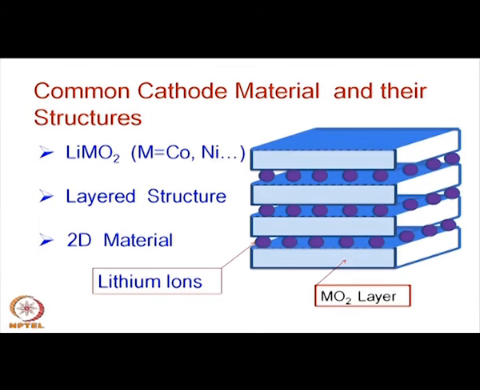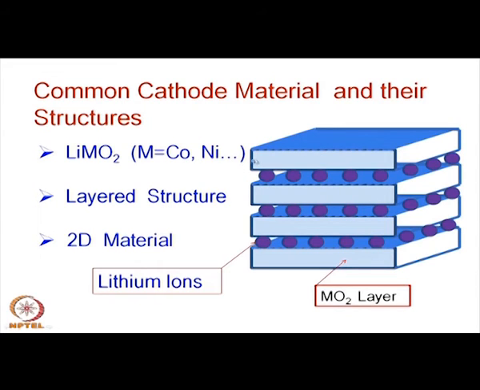Well, if you look at the similar thing for the LiMO2, the cathode material, once again M stands for cobalt, nickel and manganese. So, you have a layered structure here.